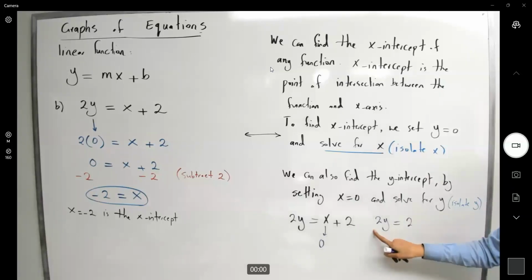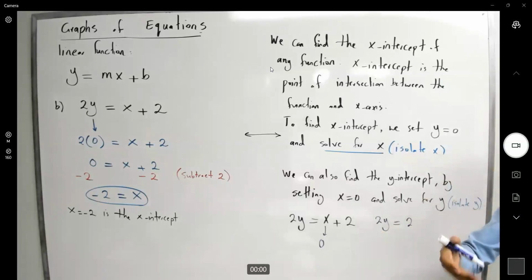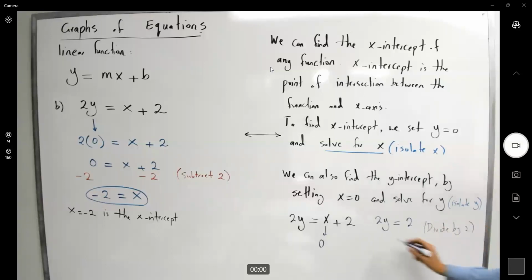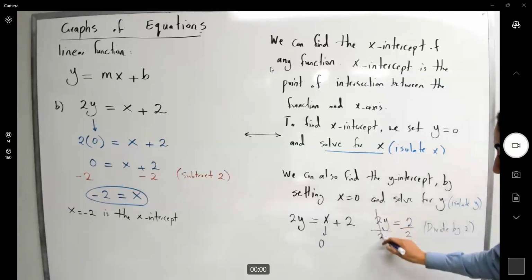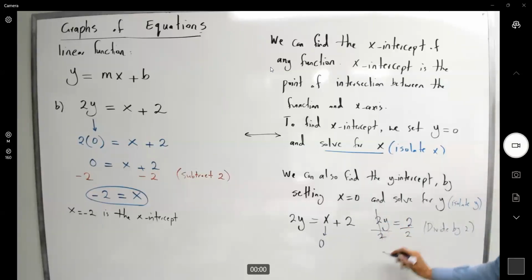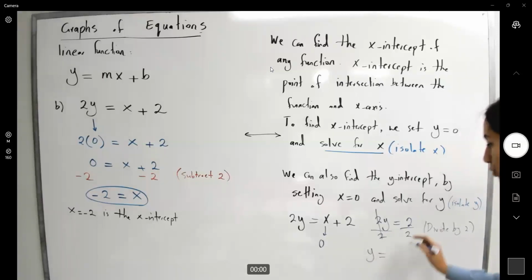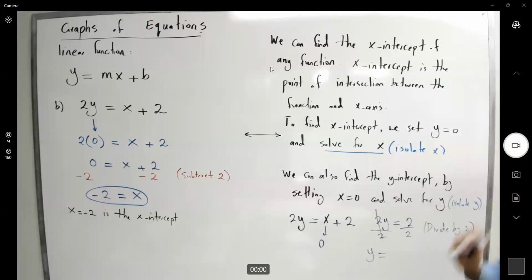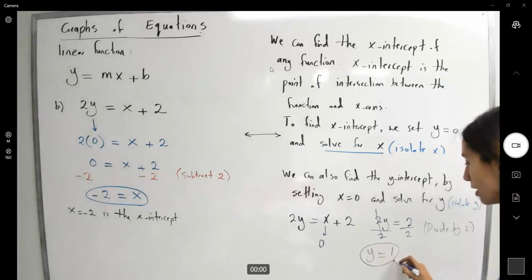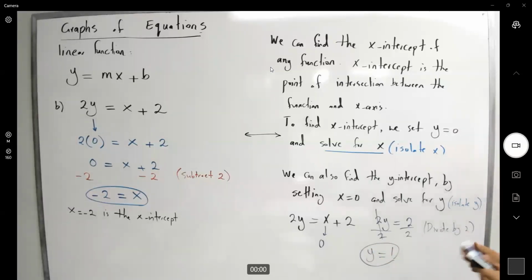Now to get rid of 2, 2 is multiplied by y. The opposite operation is division. Divide by 2. If I divide by 2, what do I get? 2 and 2 cancel out. I'm left with y on the left-hand side. 2 divided by 2 is 1. So y equals 1 is the y-intercept.